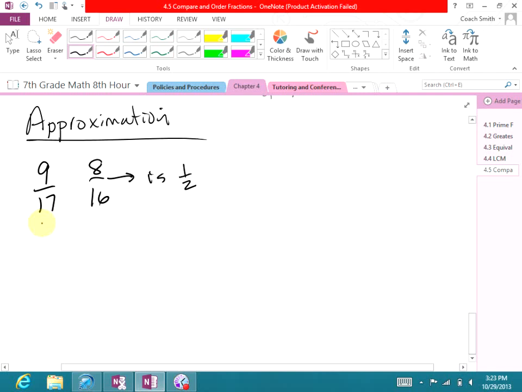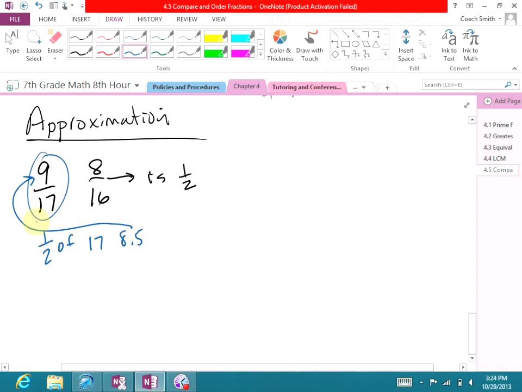Raise your hand, please. Don't start calling out answers. What is 1/2 of 17, Gracie? What is half of 17? Every number has a half. Vivica, 8.5. So, if 1/2 of 17 is 8.5, is 9 larger than 8.5? Yes.